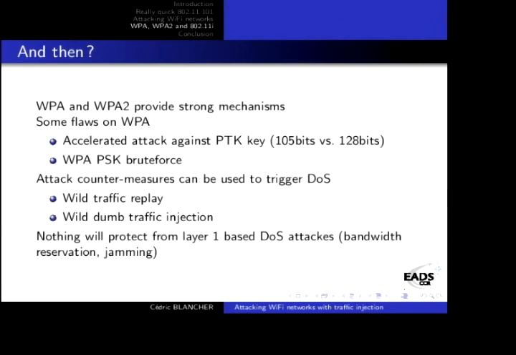The last one is bandwidth reservation. Using a modified firmware, you are able to bypass the layer 1 restrictions of the standard. You will be able to emit when you are usually not able to do this. And the consequence is, when stations are listening to the traffic and waiting for a time window to emit, they just won't find it.